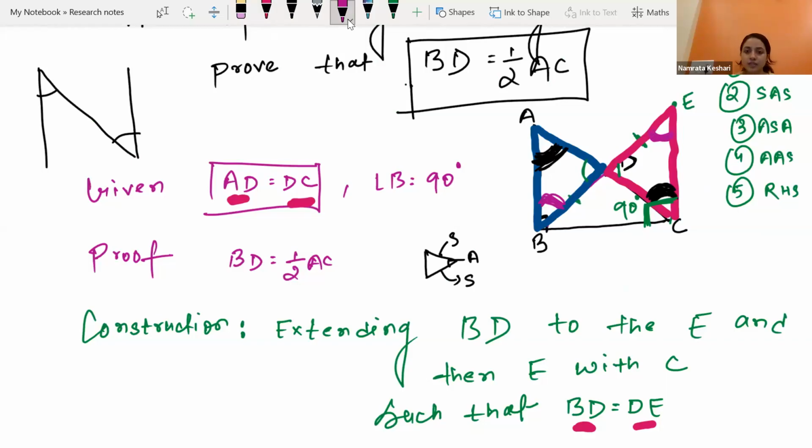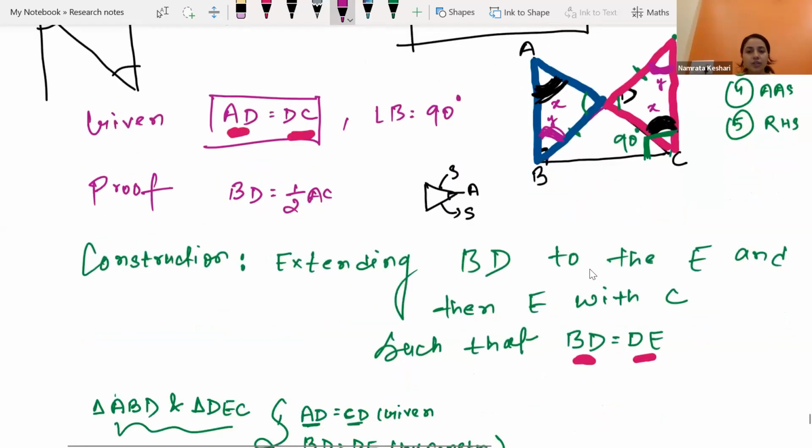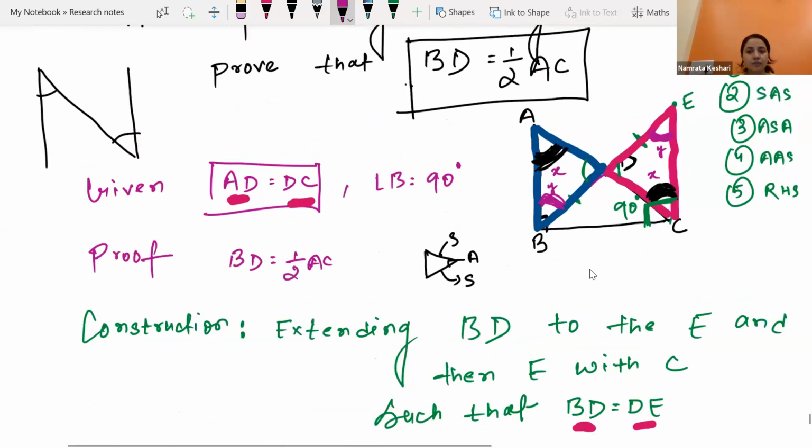So if this is X, that is X. If this is Y, that is Y. Is it possible to prove it isosceles anyway? This BDC?